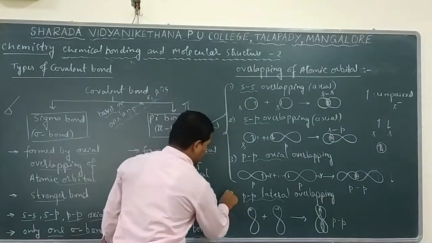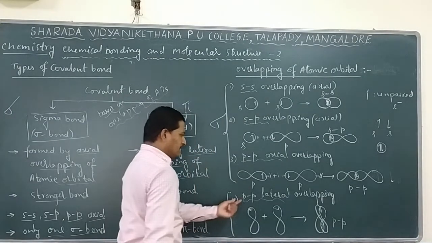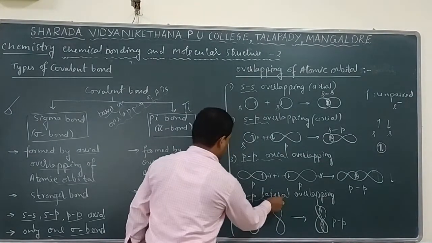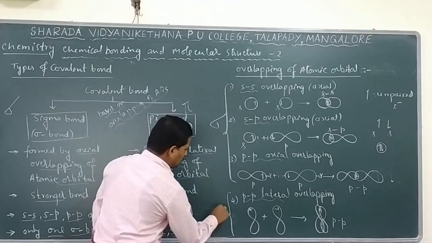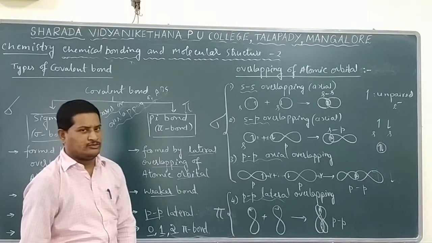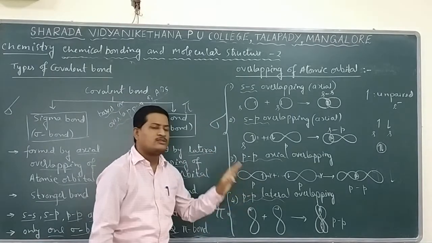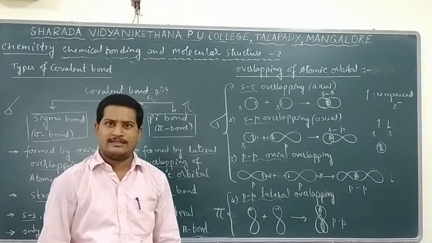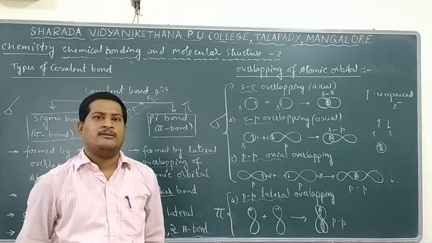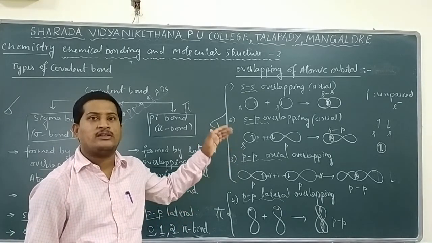But in the last case, there is a p-p lateral overlap. The lateral overlapping leads to the formation of a pi bond. As a result, the first three show sigma bond formation, the last one shows pi bond formation. Like that, we find sigma bonds as well as pi bonds through orbital overlapping.